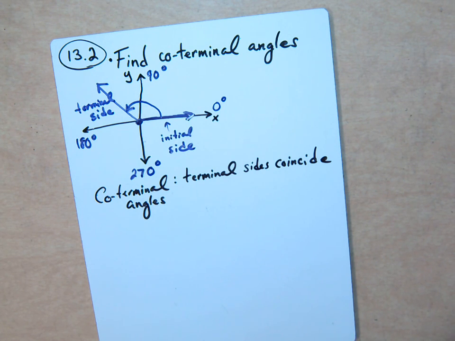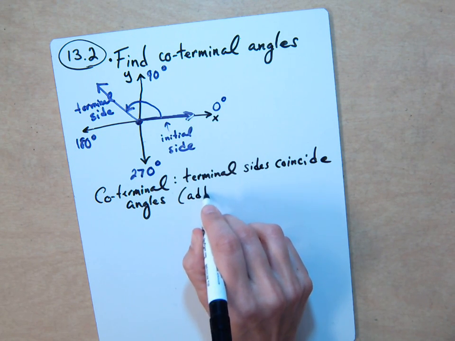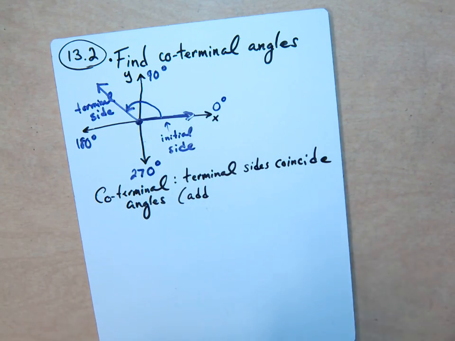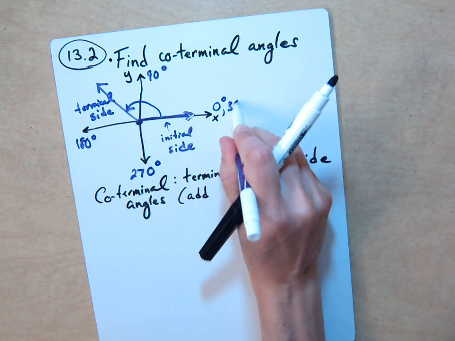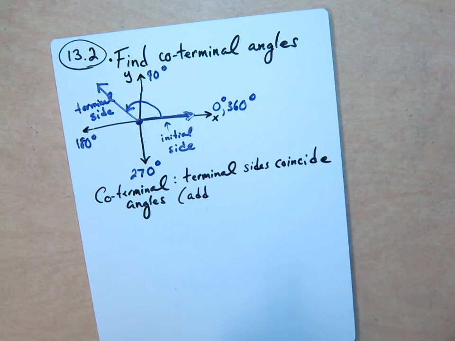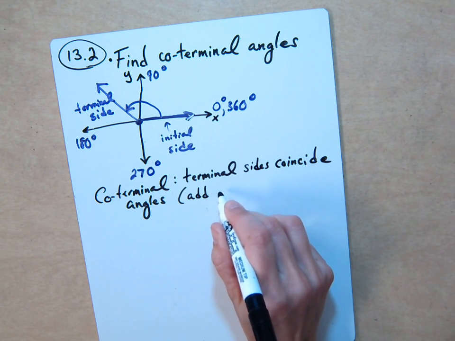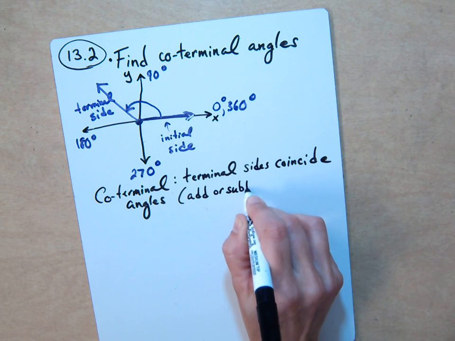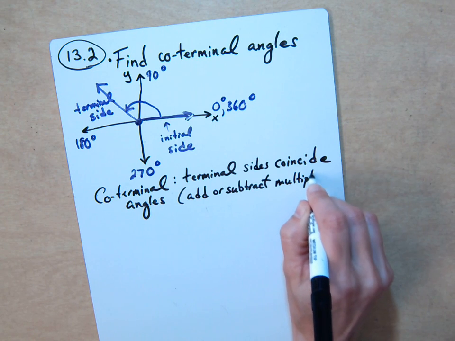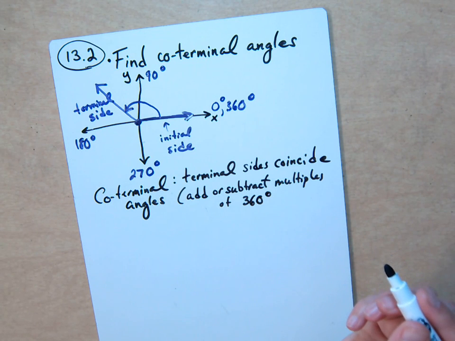So you would add or subtract multiples of 360, because you know that 360 degrees is all the way around. So when I write 0 degrees here, I can also write 360. Those are actually coterminal, 0 degrees and 360. You could go on to an infinite number of coterminal angles, as long as you add or subtract, depending on which direction you're going, multiples of 360 degrees. Then you will have your coterminal angles.